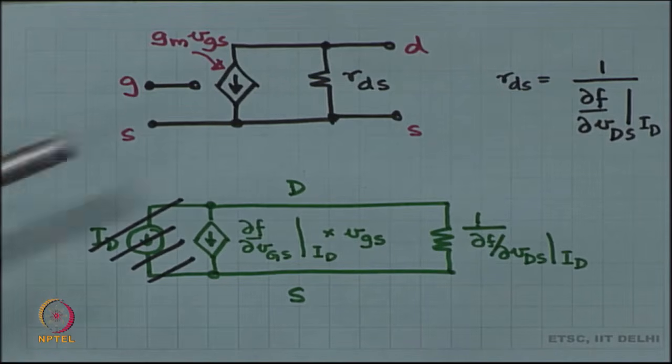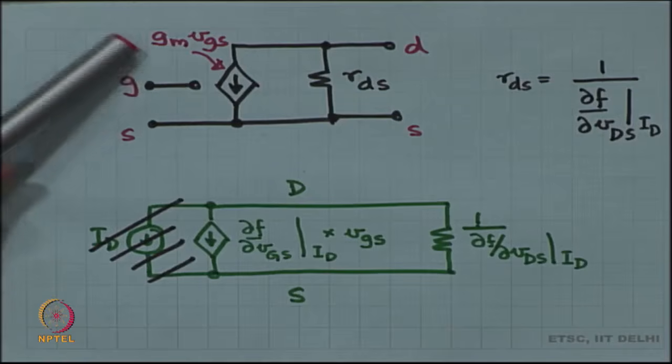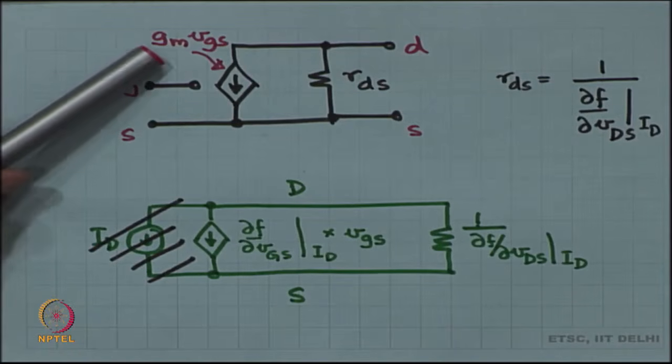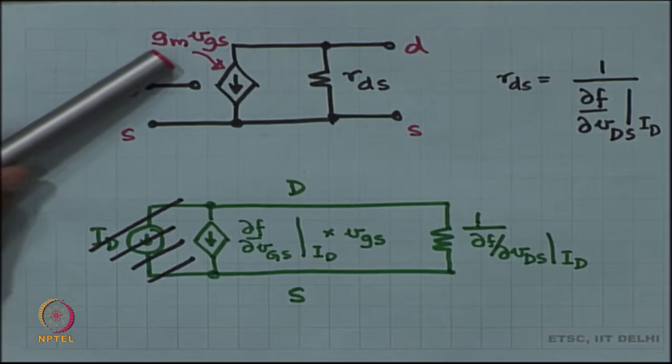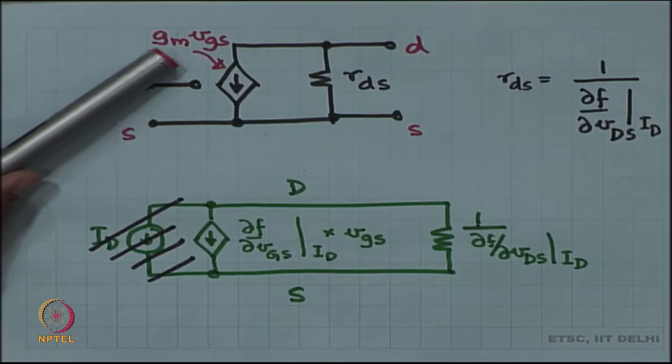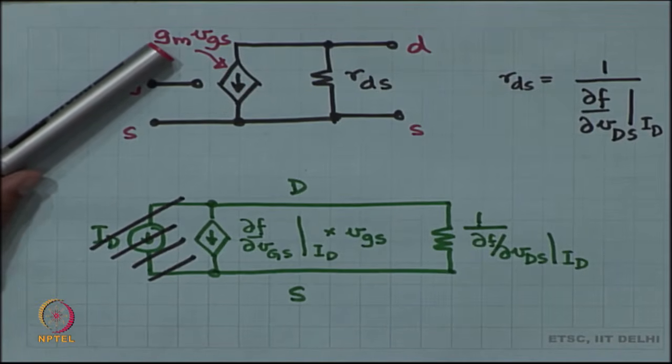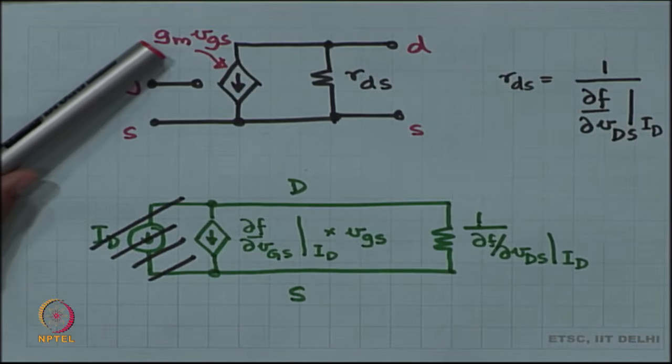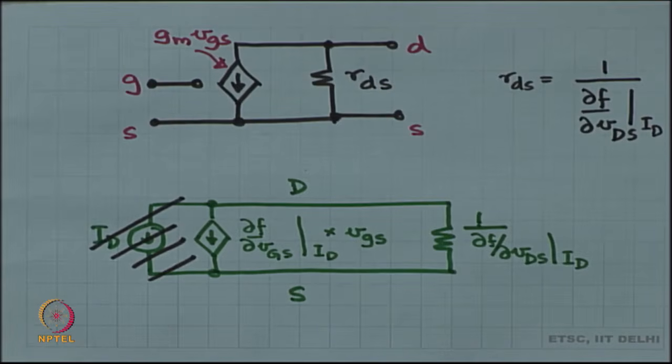This one is popularly known as gm. In all the technical literature, this is called a transconductance, and the symbol for a transconductance is gm. This is denoted as a small g sub small m, and the reason why it is small is because this is the small signal transconductance.